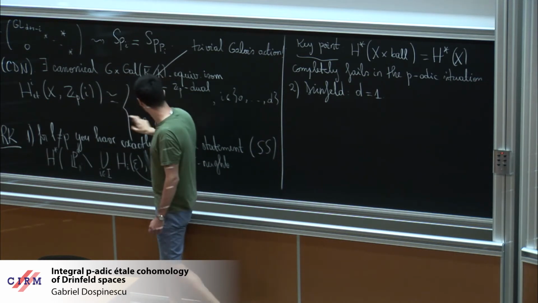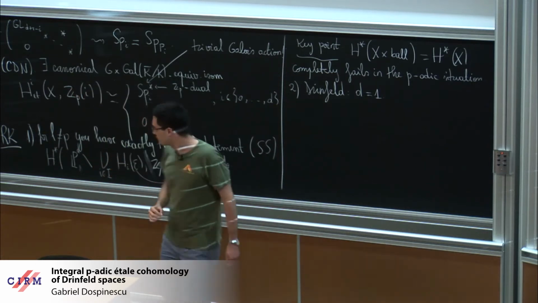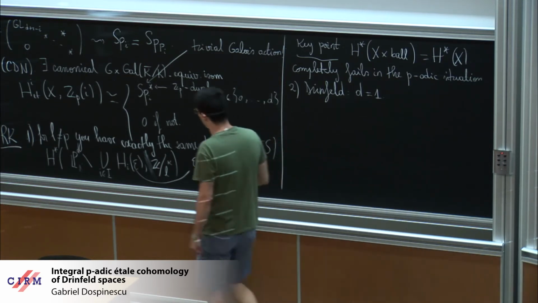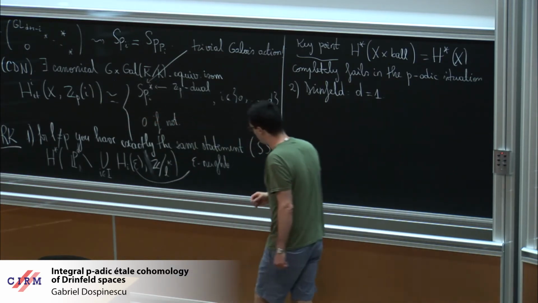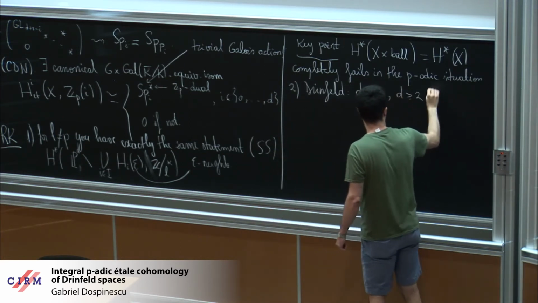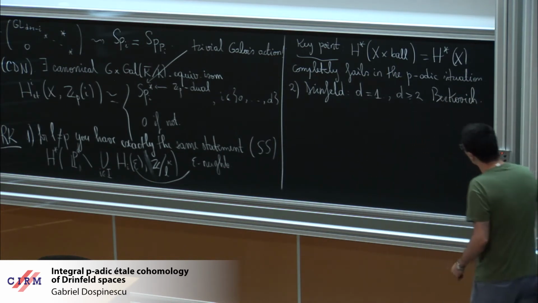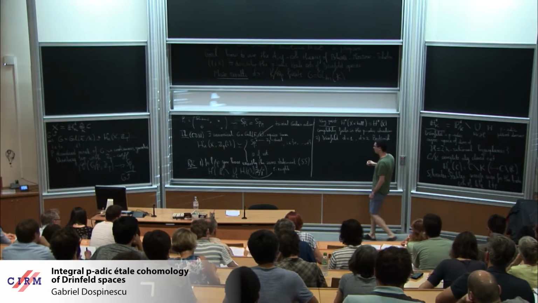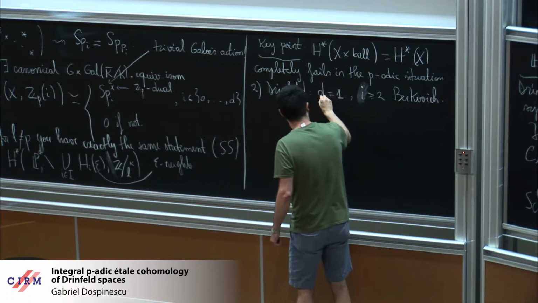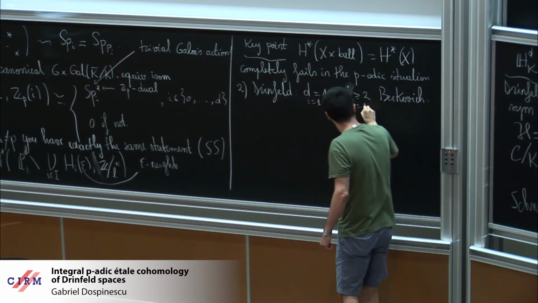And then for instance, if you look at H^2 of that, you can show that this is 0 by using some results of Berkovich. And starting with degree 3, it's a general result, say in dimension 1, that the cohomology vanishes for such spaces. So if d is at least 2, let me just say Berkovich. Yes, sorry, d equals 1 and i equals 1, yes. And here d equals 1 and i is at least 2.